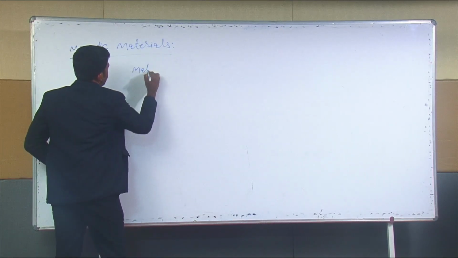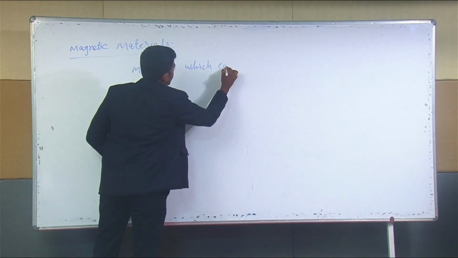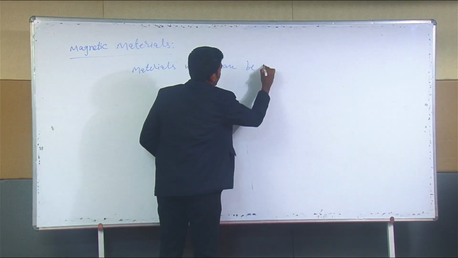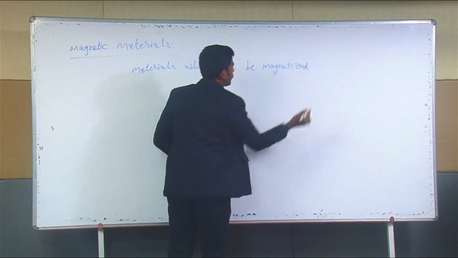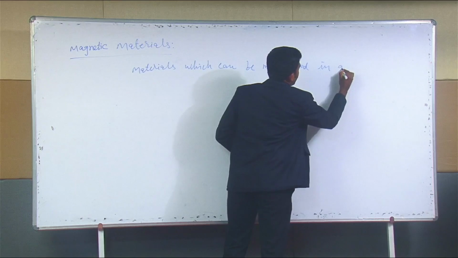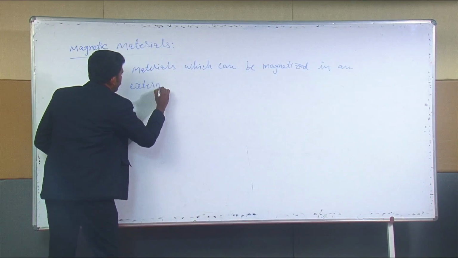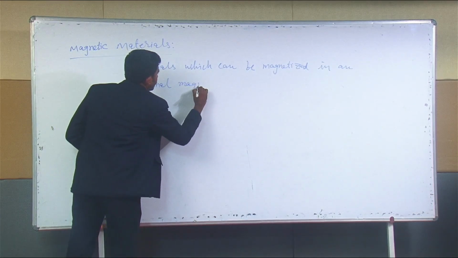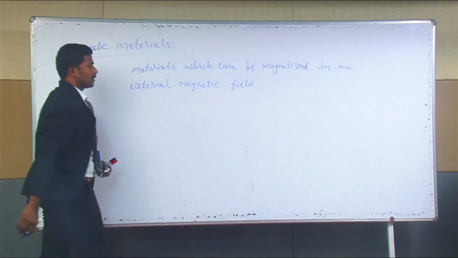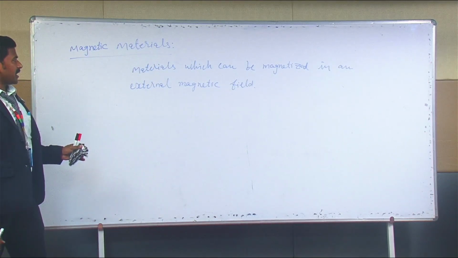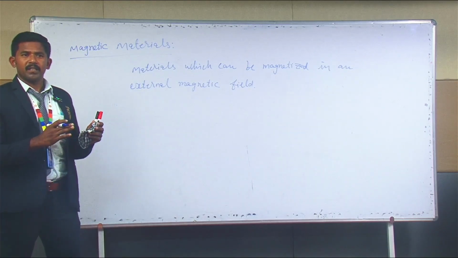So magnetic materials are materials which can be magnetized in an external magnetic field. In other words, when we introduce a magnetic field, they may repel or attract each other.